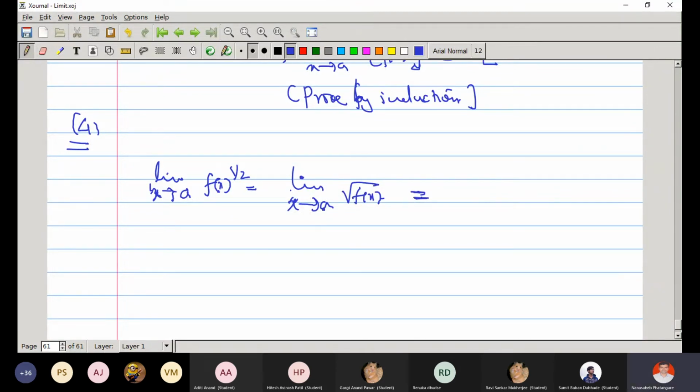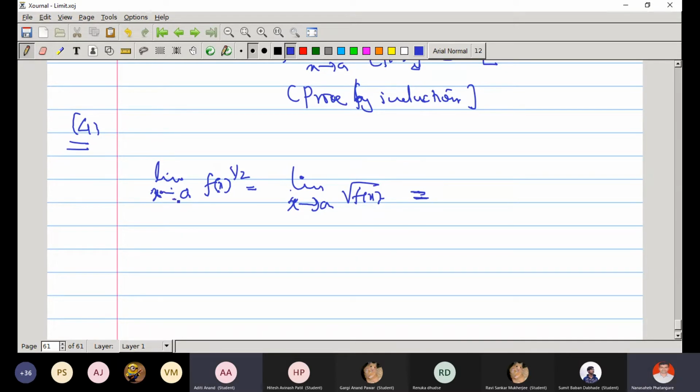What is the limit x tends to a, square root of f x? Do you understand what should be this limit? Square root of limit of f.